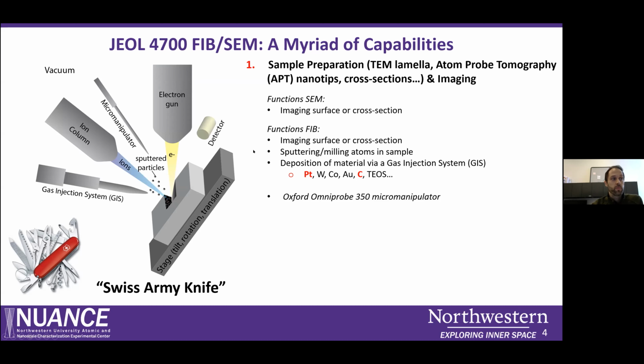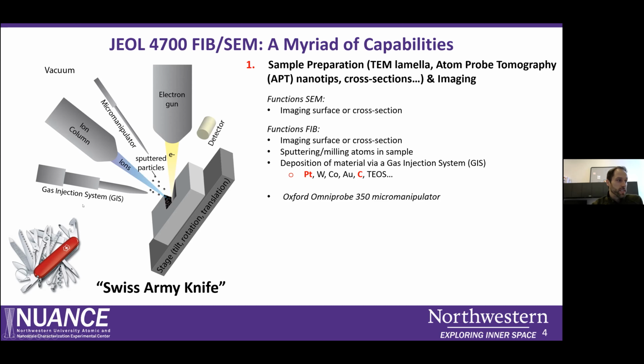So specifically regarding sample preparation, the SEM standard is used for imaging the surface or cross section, as I mentioned, but the FIB can also be used not only for imaging or sputtering, as I mentioned in my previous slide, but also, for example, to deposit material on a region of interest that needs to be protected. This is typically done using a gas injection system.